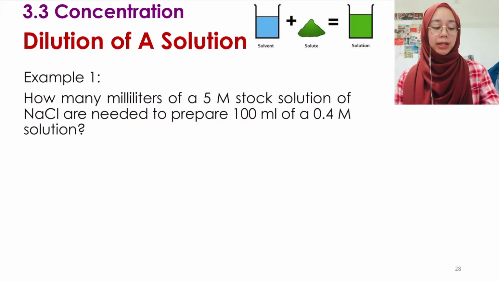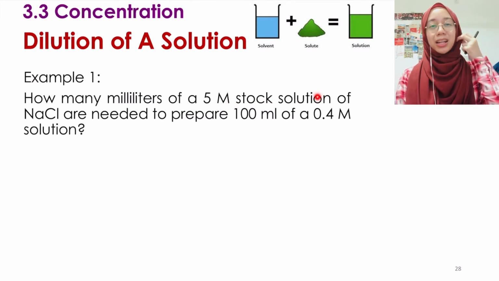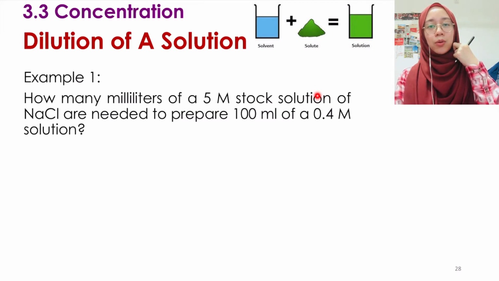Kita akan tengok beberapa example. So how many milliliters of 5 molar stock solution of NaCl are needed to prepare 100 ml of 0.4 molar solution? Basically 5 molar ni bermaksud itu adalah stock solution. Stock solution ni bermaksud yang pekat punya, yang awal-awal punya.